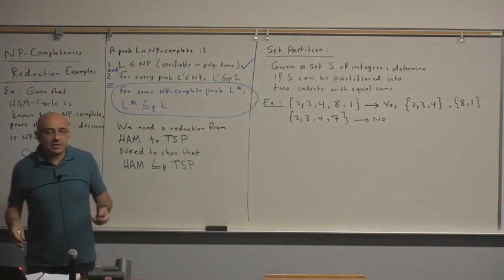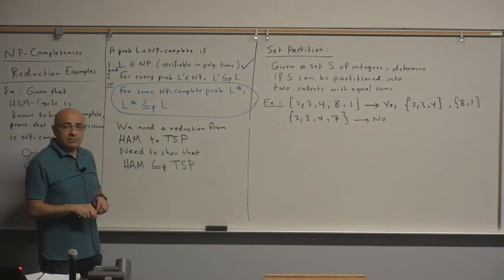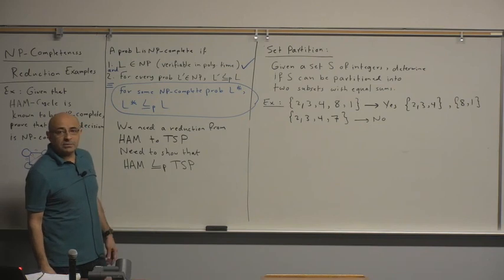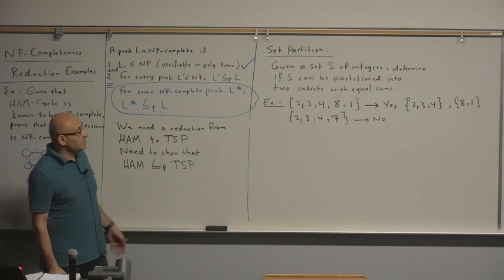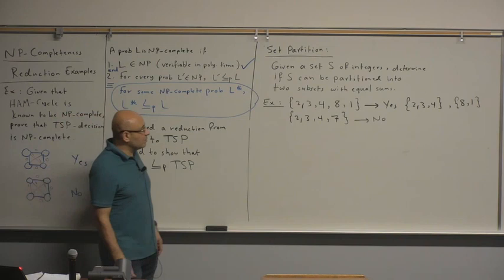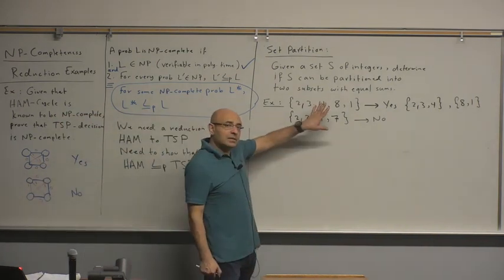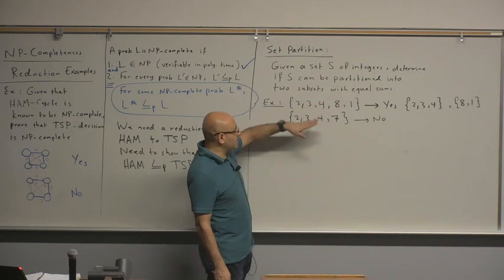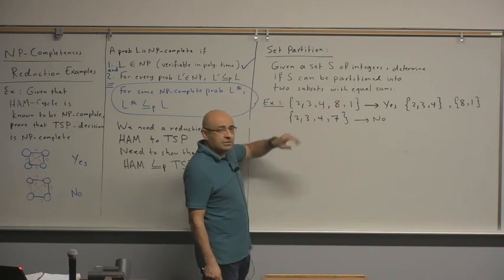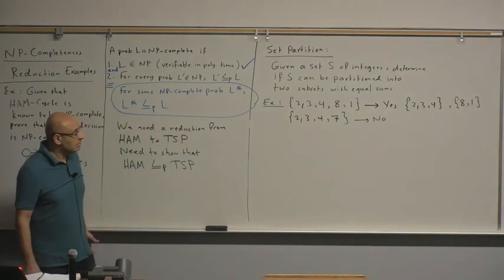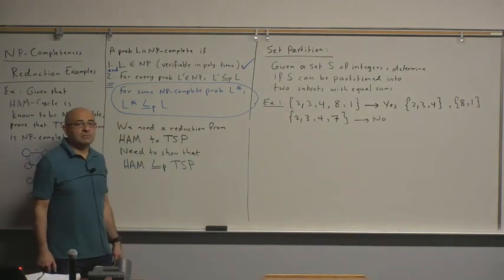Again, this is another NP-complete problem. So if it doesn't have a polynomial time solution, in order to determine if you can partition it into two subsets with equal sums, what will you have to do in brute force?